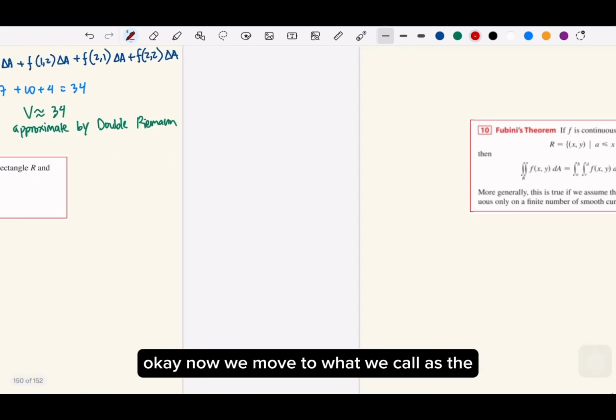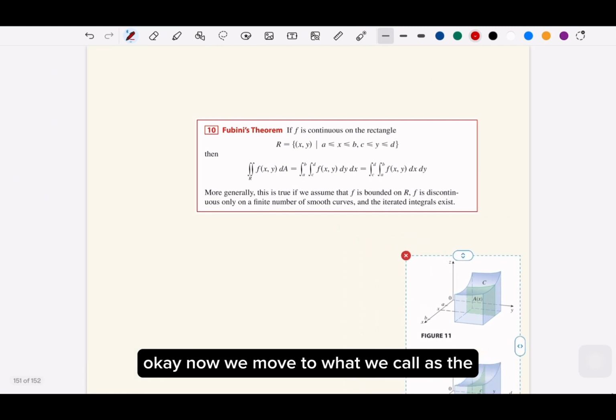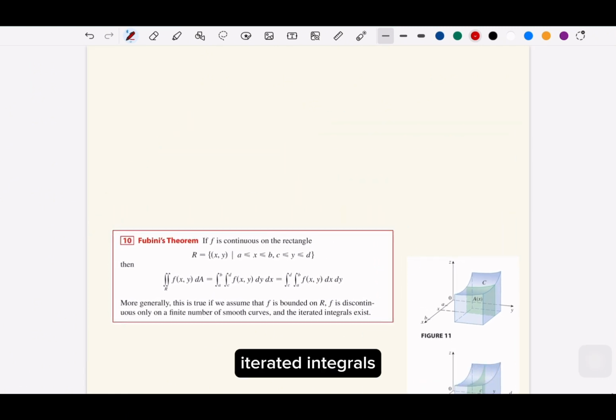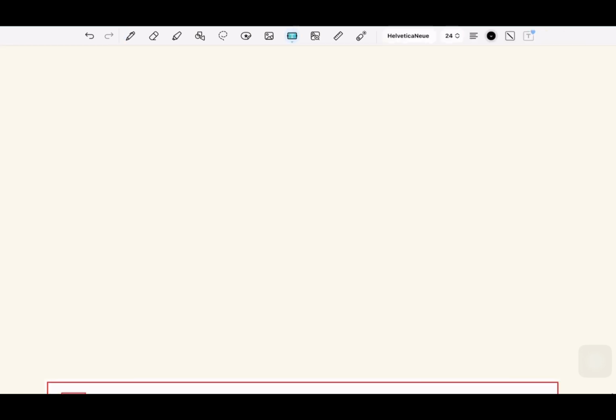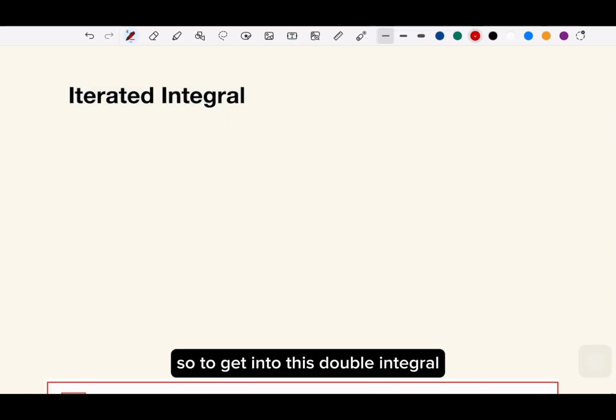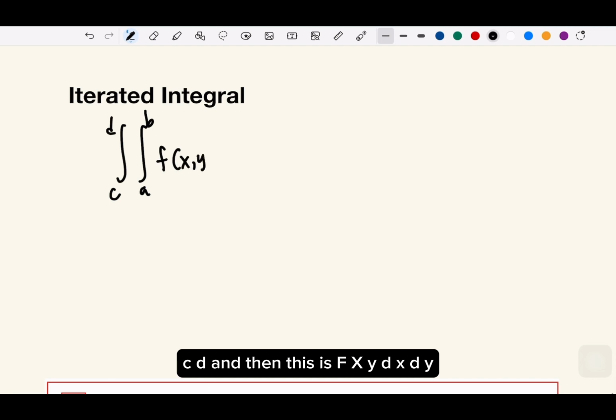Now we move to what we call iterated integrals. This is, I think, the last part for today. To get into this double integral, suppose that we have a, b, c, d, and then this is f(x,y) dx dy.